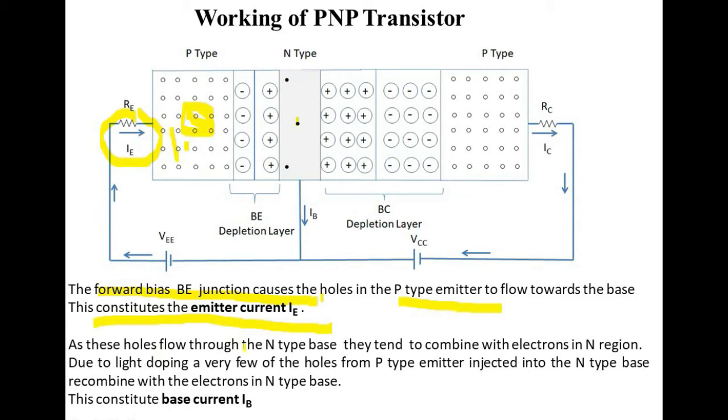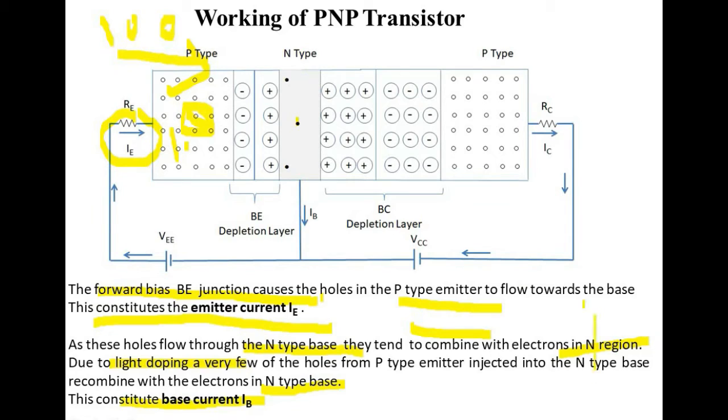As these holes flow into the N-type base, they tend to recombine with electrons in the N region, and because the N region is lightly doped, only a very few of the holes injected from the P-type emitter into the N-type base recombine with the electrons in the N-type base. This constitutes the base current IB. Let us understand this. Suppose 100 holes are coming from the emitter.